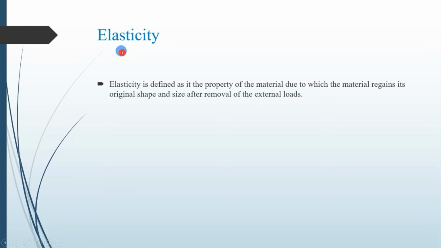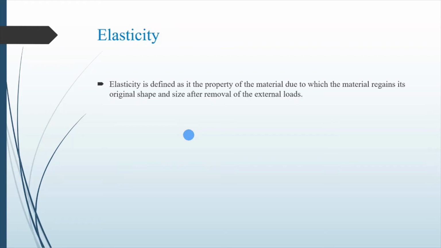Elasticity is one of the properties of material. This property is useful for today's explanation, so I included it in today's video. Elasticity is the property of a material due to which the material regains its original size and shape after removal of load. Whenever you apply a certain amount of load on a material, it will respond to that applied load by changing its size and shape.